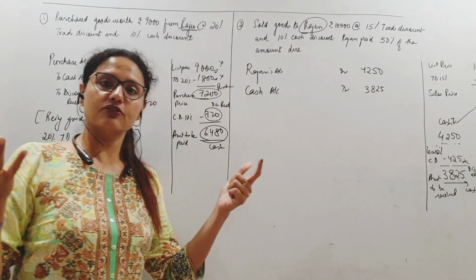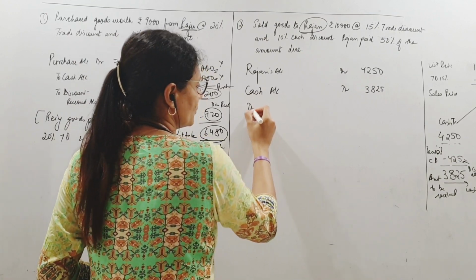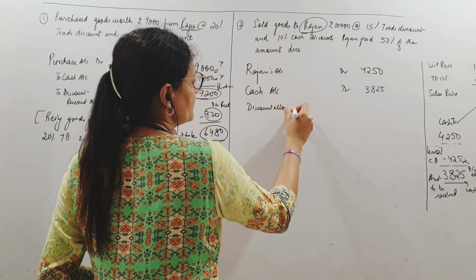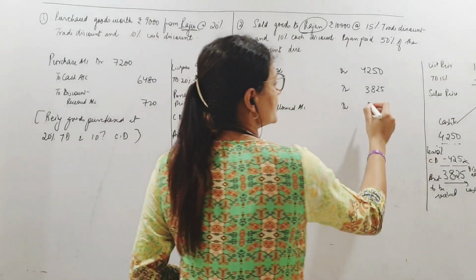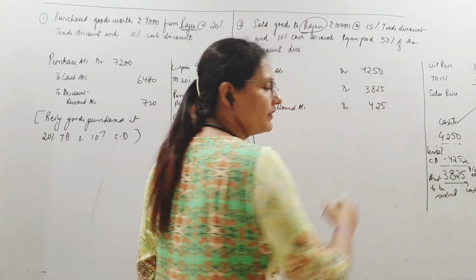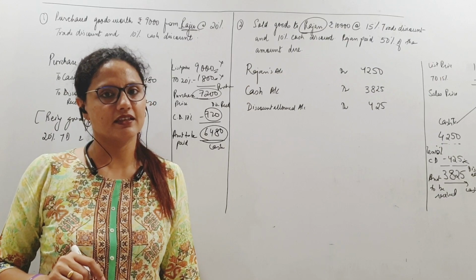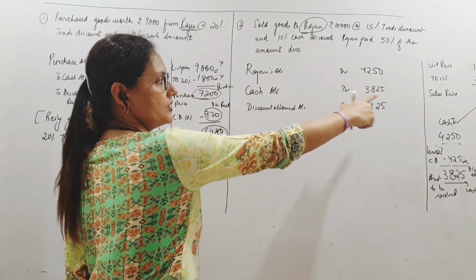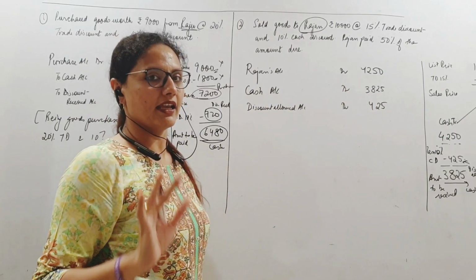Asset is increasing, cash, right? So debit the cash account. Also, discount allowed is an expense for me. So all expenses should be debited. So here 425 I have allowed as discount. I will debit the discount account. Okay? Rajan, because he hasn't paid, debtor; cash, he has paid me this much, cash has come; discount allowed because this is my expense.